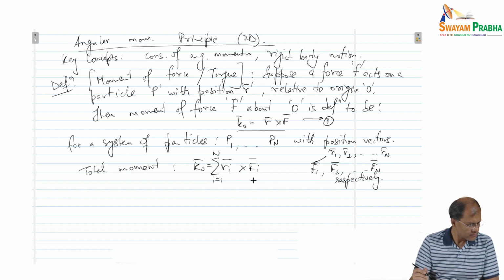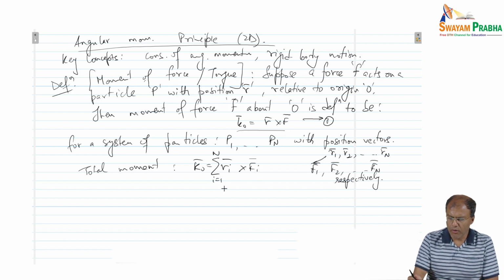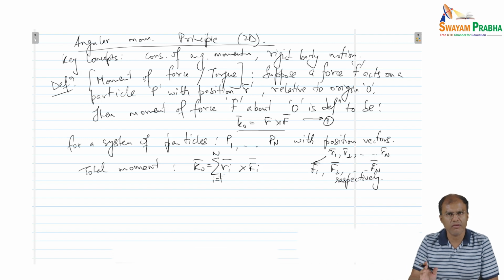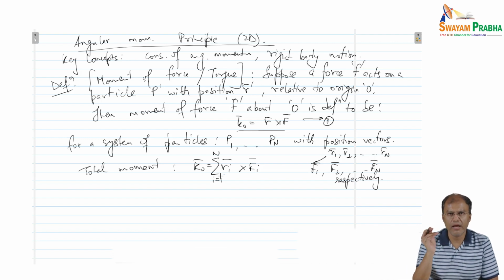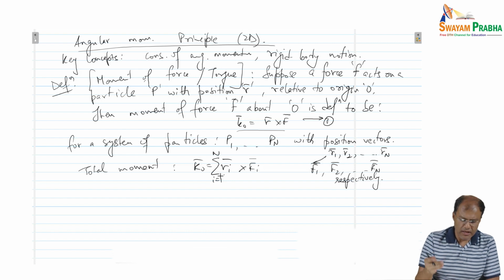Now, in order to reduce the variables, without loss of generality, we can take one of the position vectors to be the origin of the system. That will reduce our variables or our degrees of freedom by at least 1. In 3D, it reduces by 3, and so on.